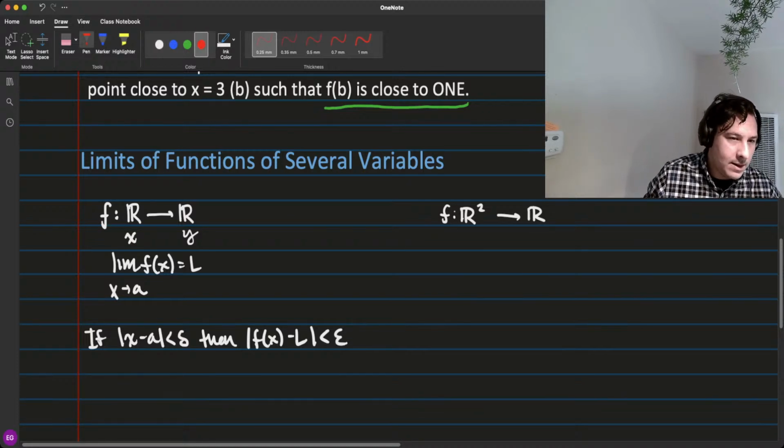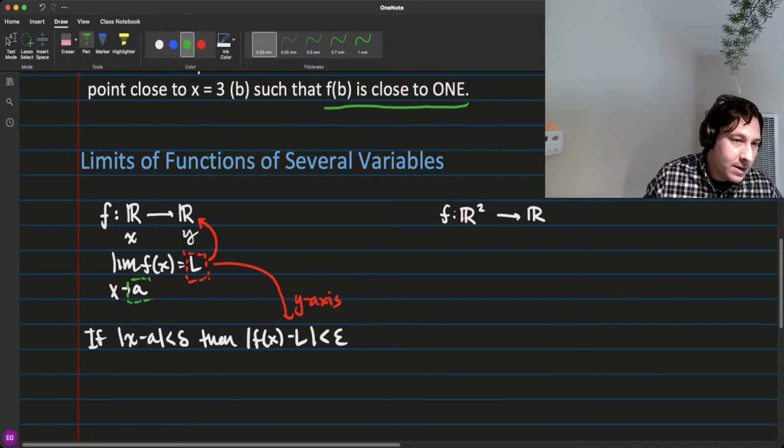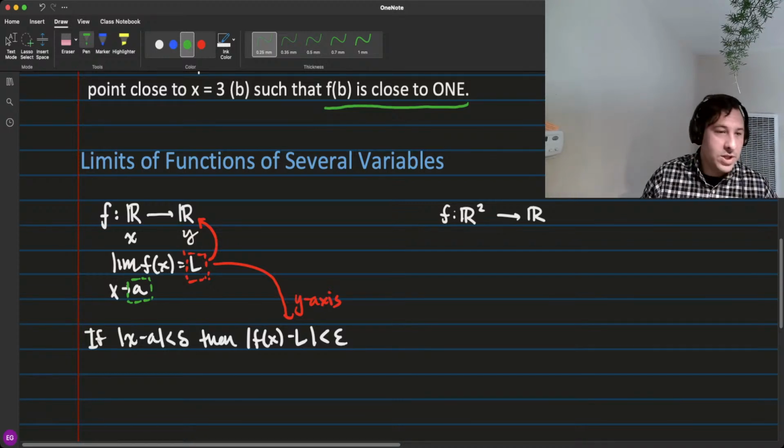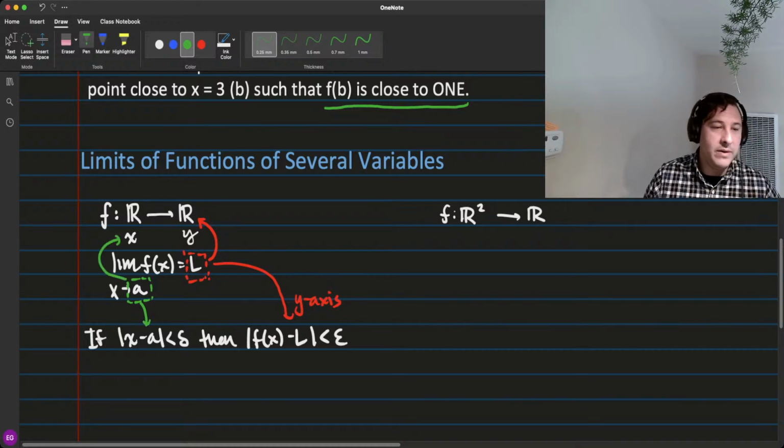Now, L, what the limit was equal to, was the output variable on the y-axis, and a, what the limit was approaching, was your input variable on the x-axis.